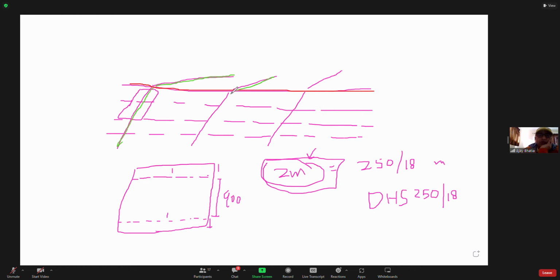So these would be your rafters, and this would be your purlins. Now, when it comes to timber purlins, normally timber purlins are at 900 centers.